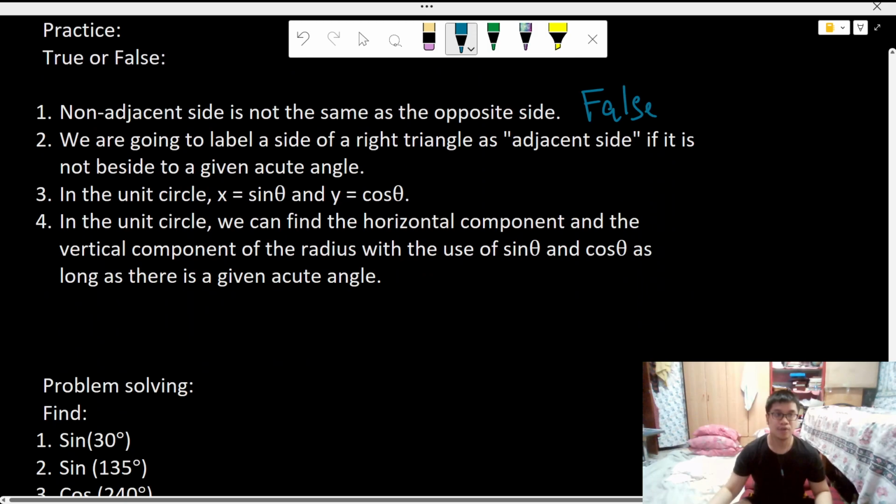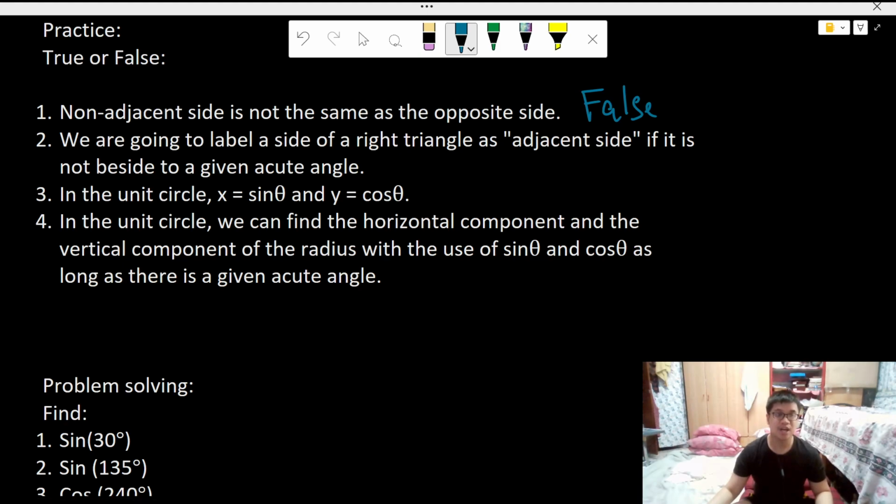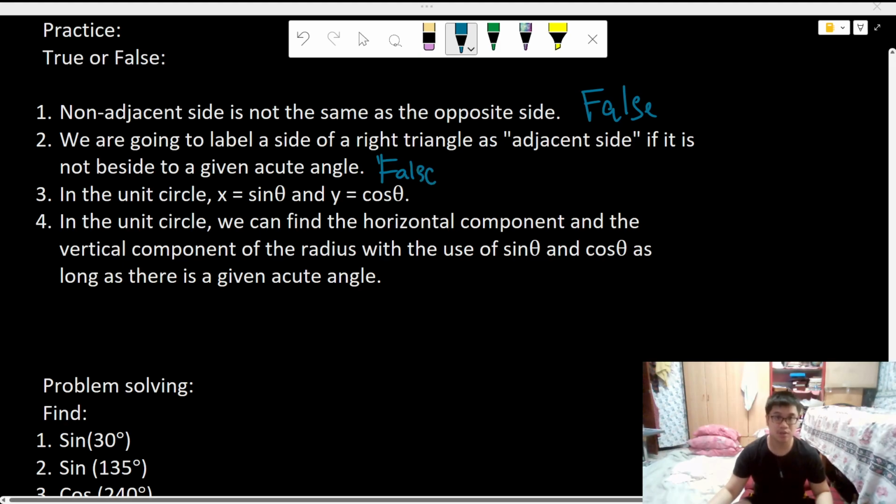So, number two, we are going to label a side of a right triangle as adjacent side if it is not beside to a given acute angle. I already mentioned this one earlier, so this is false. Why false?